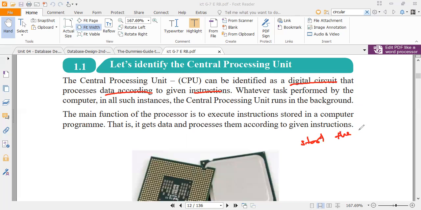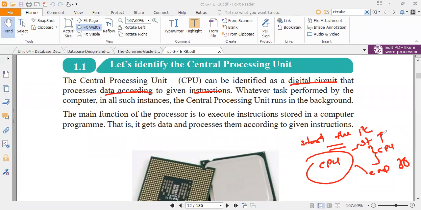When you start the PC, throughout the time between starting and ending, or switching off, this CPU will continuously run in the background. If the CPU is not running, then you can't start the PC.